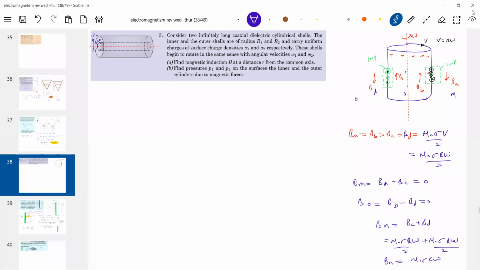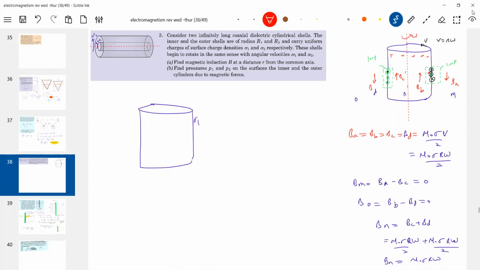Now we have two pipes rotating. So now he's asking for the field everywhere, inside, at all distances. So let me take help of this concept here. I'll take this as one cylinder having charge density sigma 1.